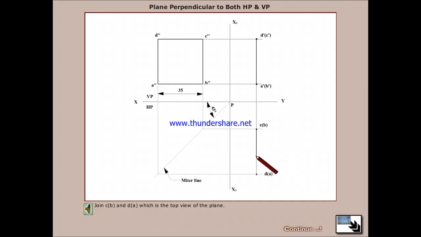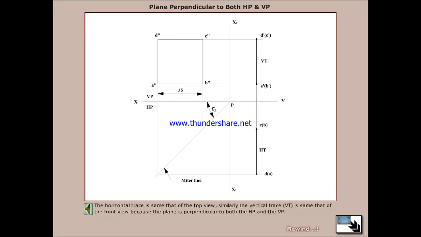Join C, B and D, A to get the top view. The horizontal trace is same as the top view, and the vertical trace VT is the same as the front view, because the plane is perpendicular to both the HP and the VP.